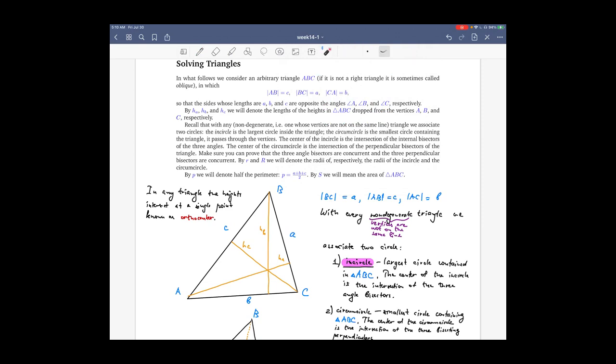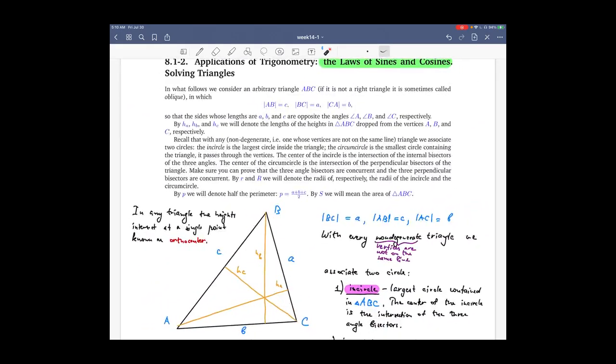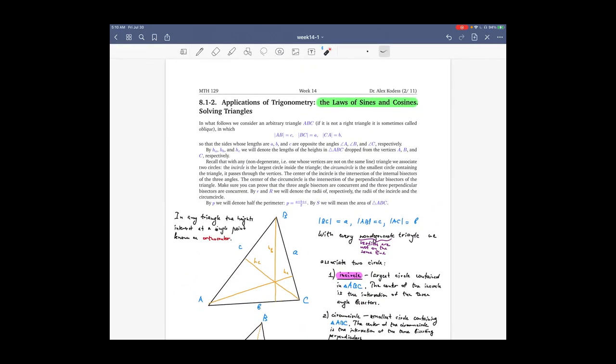As always, the area of any triangle will be denoted by capital S, and by lowercase p we will denote half the perimeter, the sum of the sides A, B, C divided by 2. Our first big result is the law of sines.